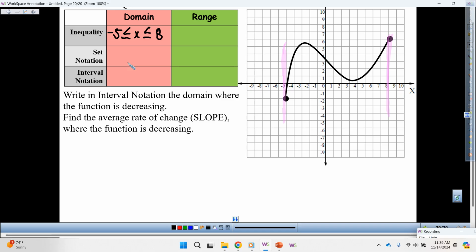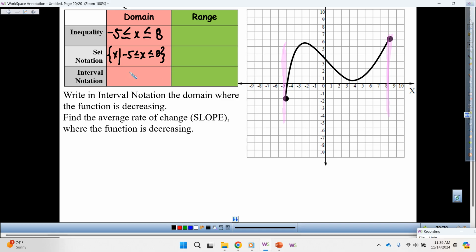Yes. Pass someone, Rebecca. Rachel, go. Set of x such that less than or equal to 8, close set notation.